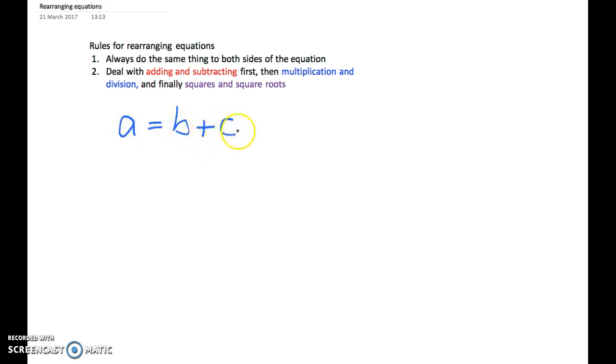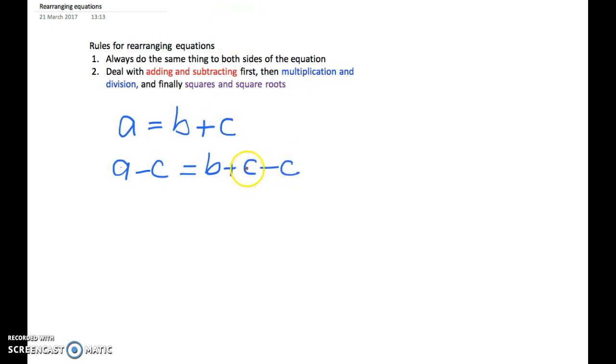And to get rid of c, what we could do is subtract c from this side. But by rule 1, if we subtract c from this side, then we also have got to subtract c from this side. So let's do that. We're going to write a minus c equals b plus c minus c.